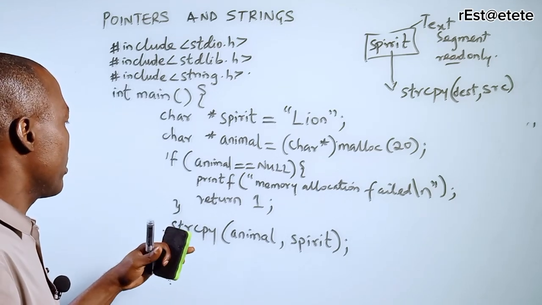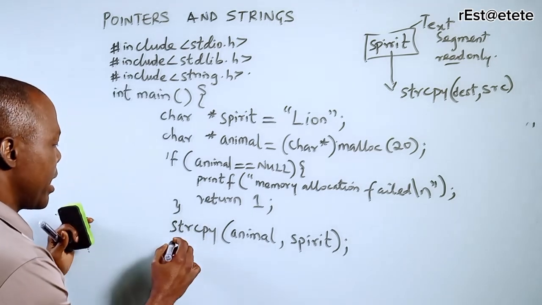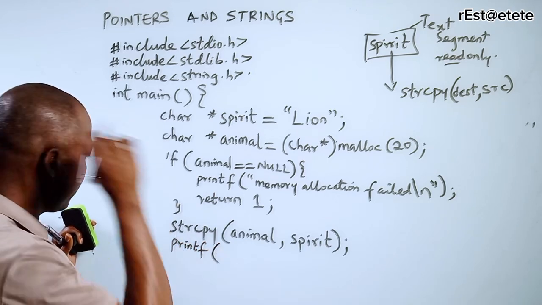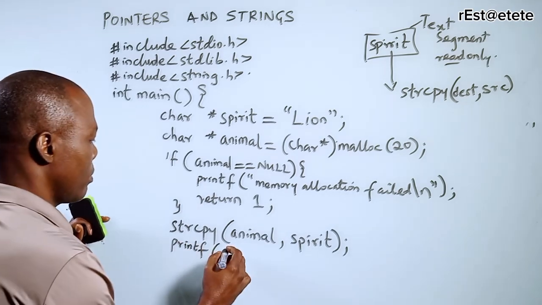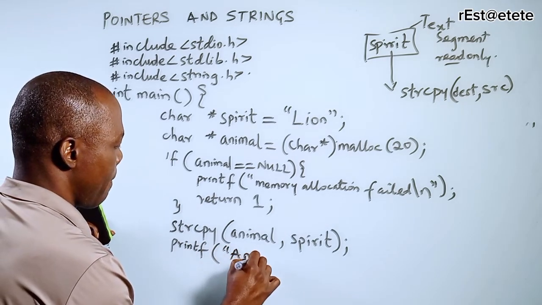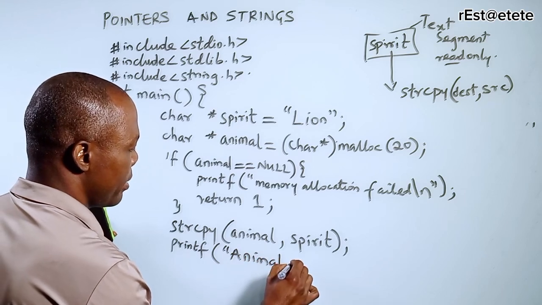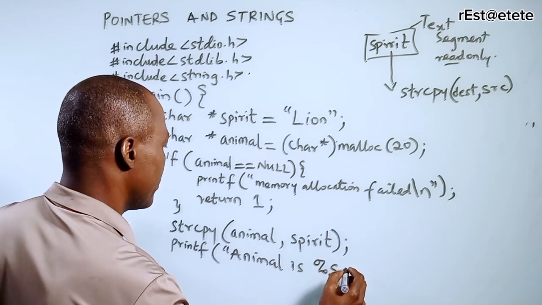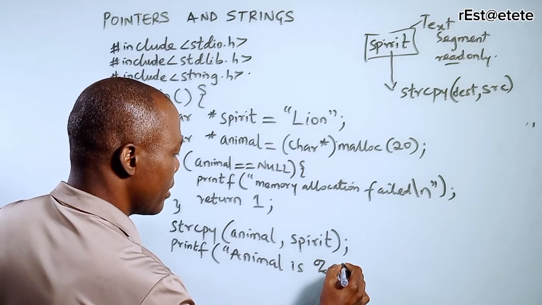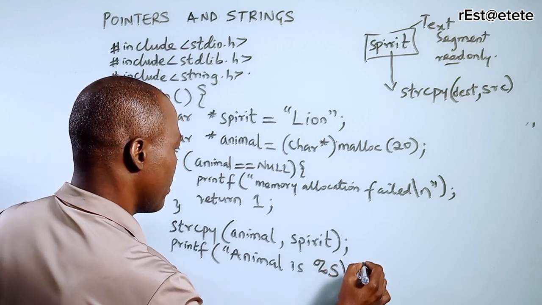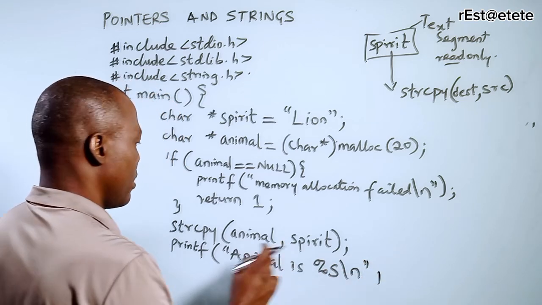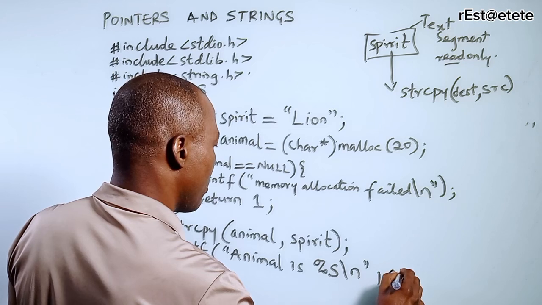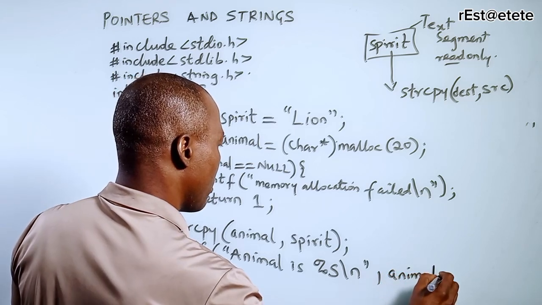Now, the moment I do this, I can now say printf, animal is %s, spirit, animal.